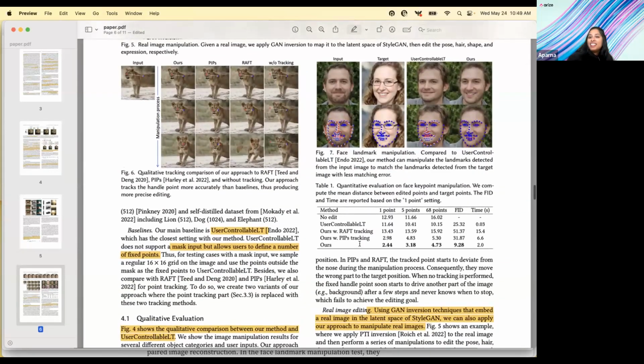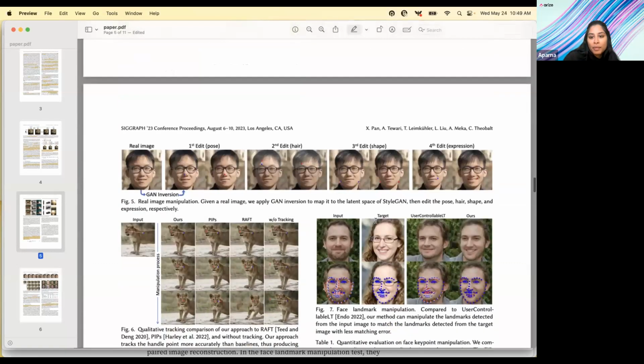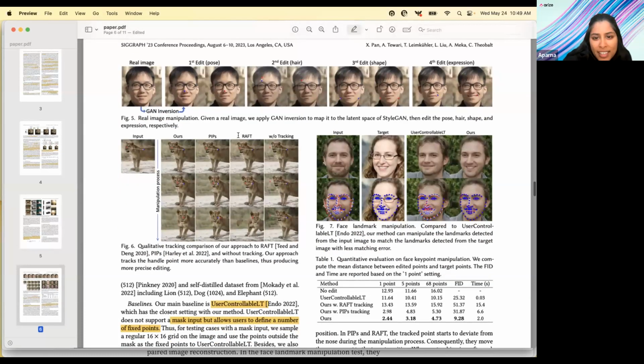So they did a couple of different experiments where first they compared against StyleGAN 2, and then they actually compared against, I think, Raft, which was kind of the state of the art for point tracking.